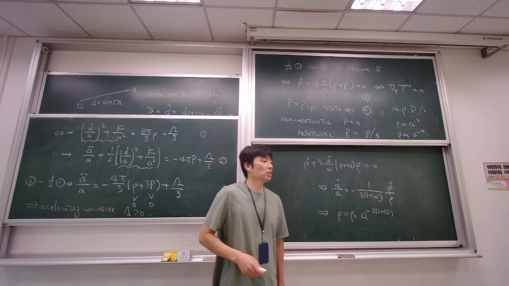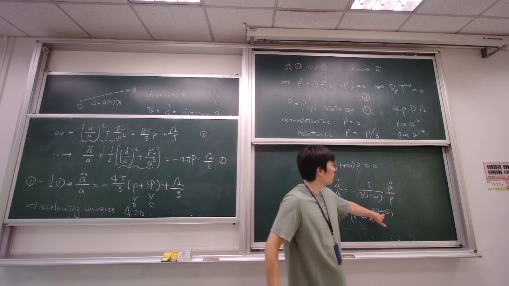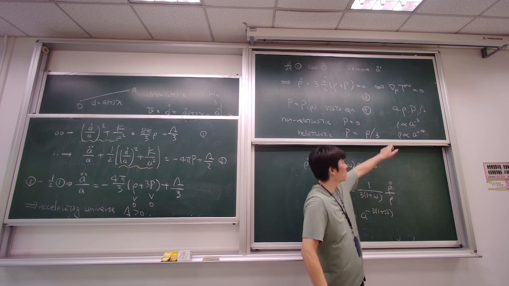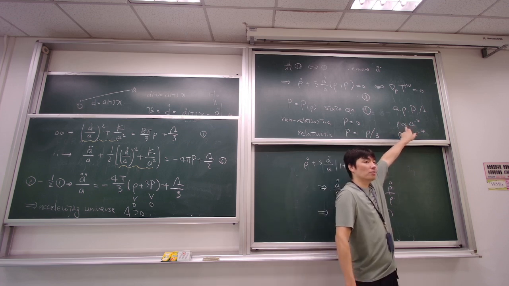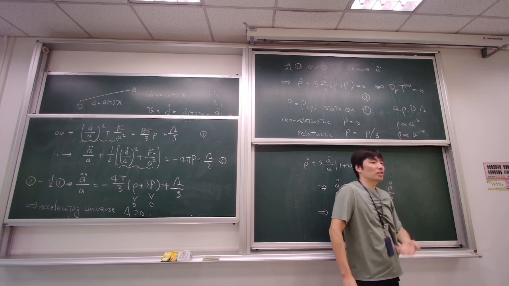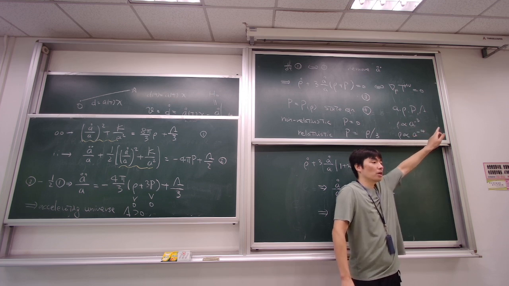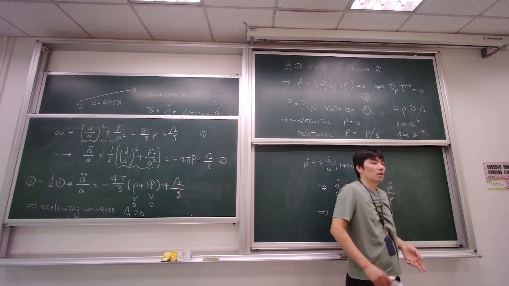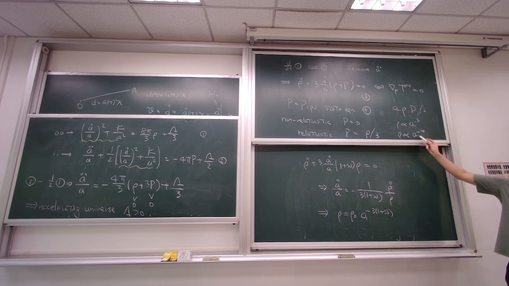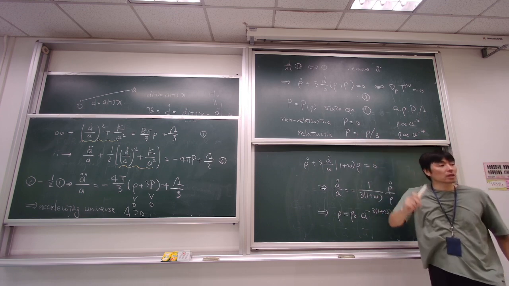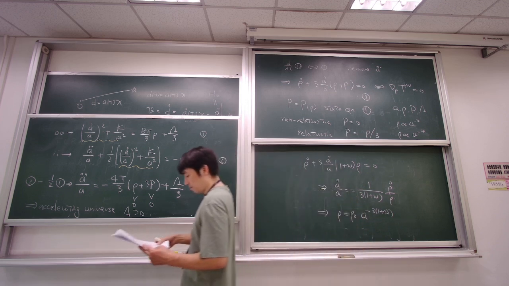This is natural because the volume of the universe is proportional to a cubed, so the energy density is proportional to a to the minus 3. For relativistic matter, the ratio will be modified slightly.